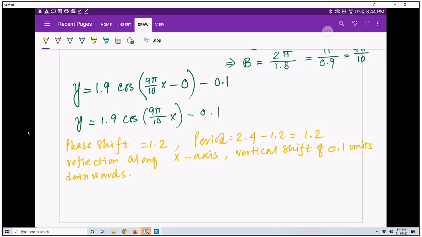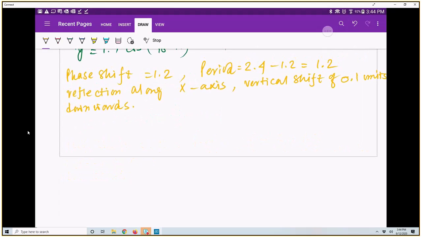Okay, so I need to find out the constants. One thing is pretty simple. It's A. The absolute value of A is still 1.9 units. So my A is actually going to be negative. Why? Because it is a reflection along the x-axis, so it's a -1.9. B in this situation will be evaluated from the period.